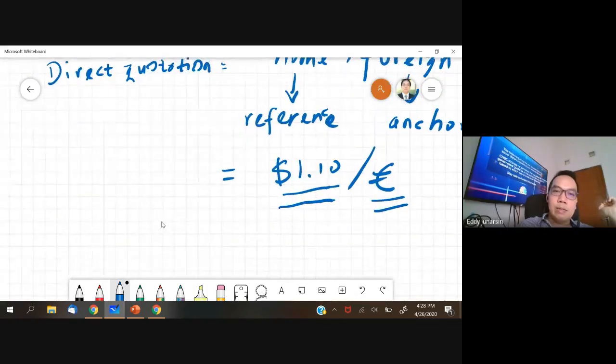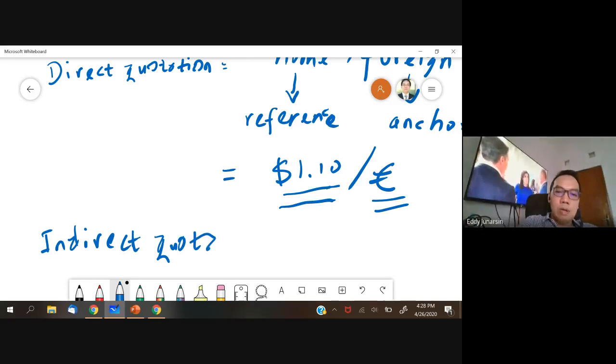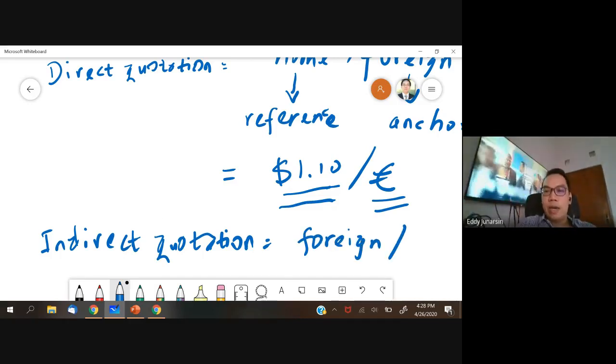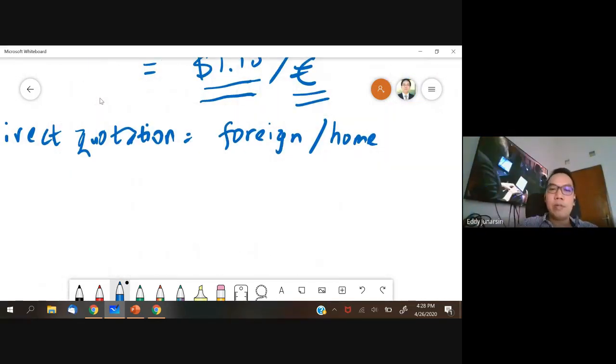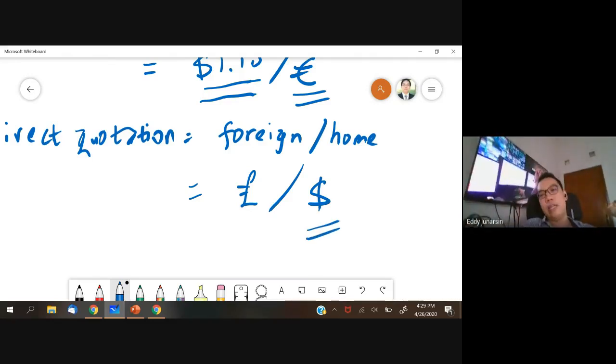Okay, so on the other hand, the other quotation would be indirect quotation. So this would be the opposite, where you mention the foreign currency first and your home currency at the back. Okay, so let me give you an example. If you are saying maybe pound per dollar, so this would be indirect quotation for the United States, right?